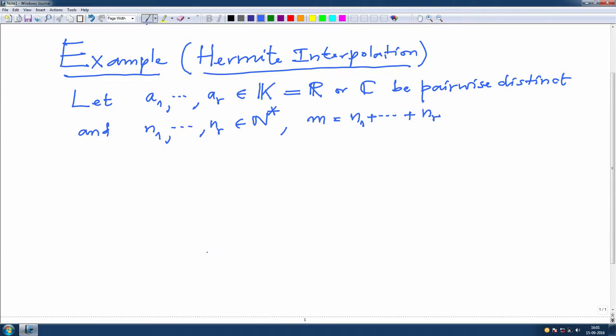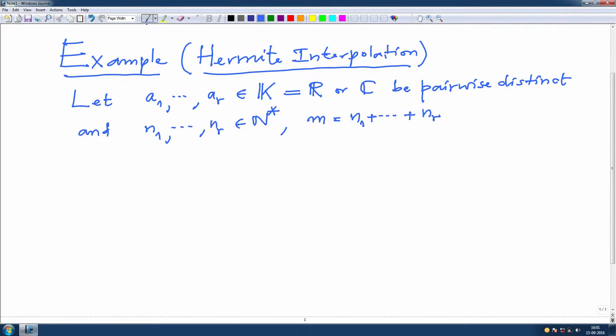Now, what do we want to do? We want to construct a polynomial of degree smaller than m, such that this polynomial has a zero at A1 of multiplicity n1, at A2 of multiplicity n2, and at AR of multiplicity nr. So, we are looking for polynomials whose degree is bounded by this m.